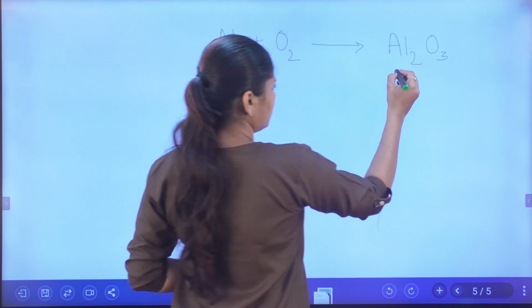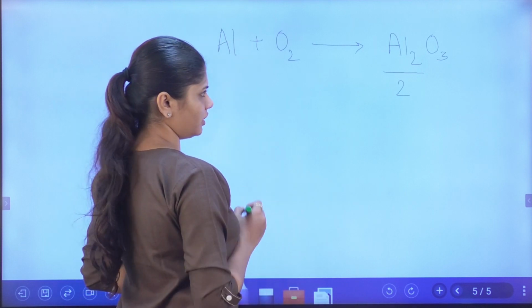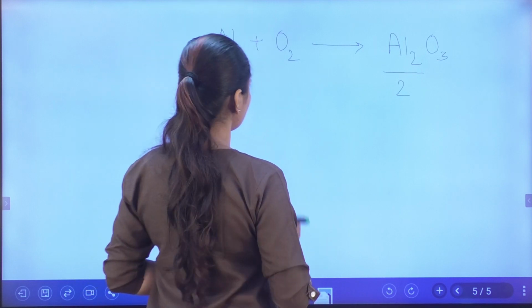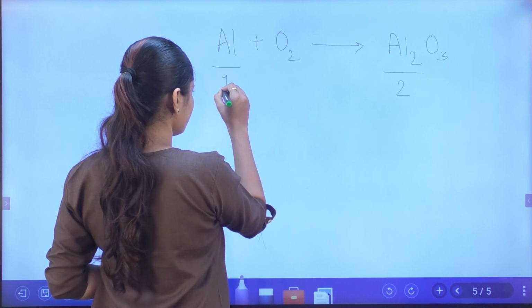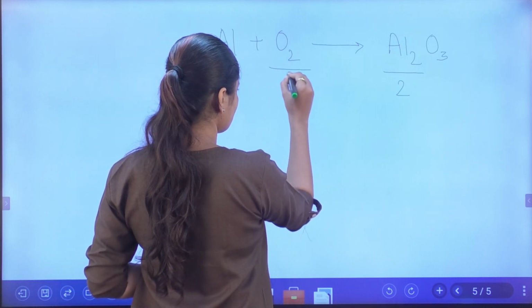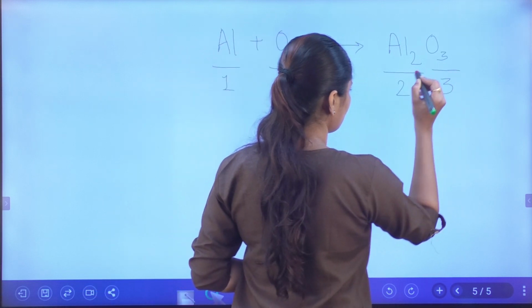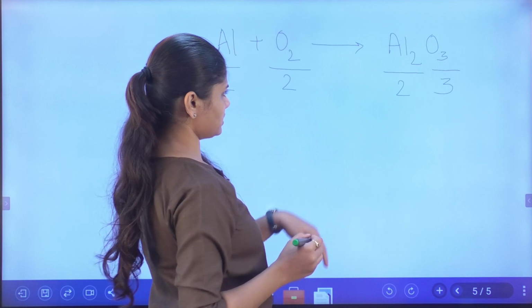See here, 2 atoms of aluminium are present, here only 1 is present; here 2 atoms of oxygen are present, and here 3 atoms are present. So we need to balance this.